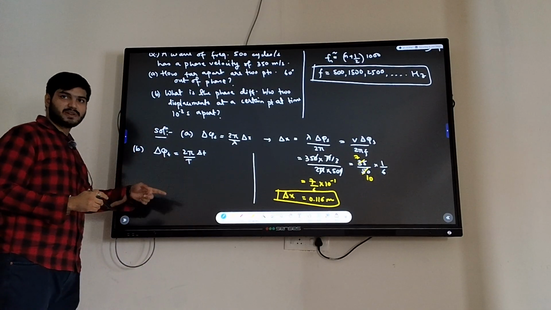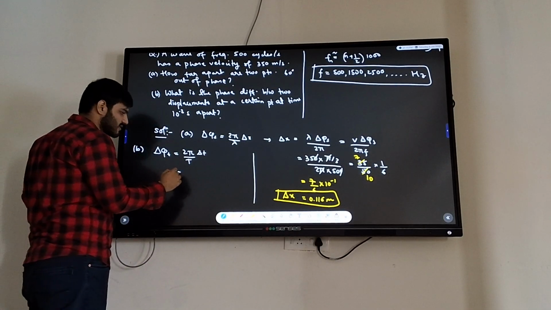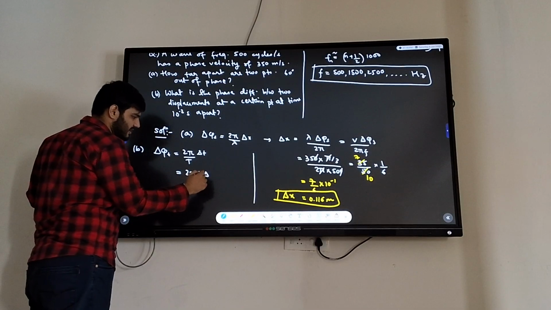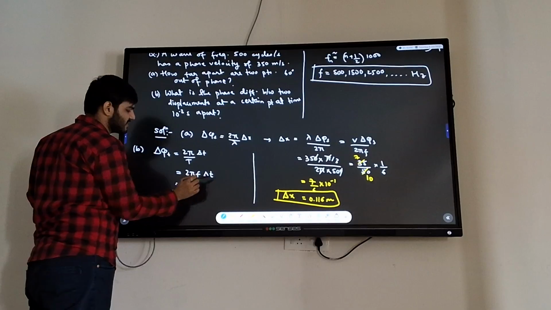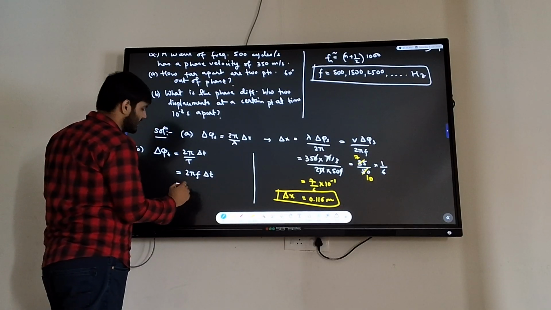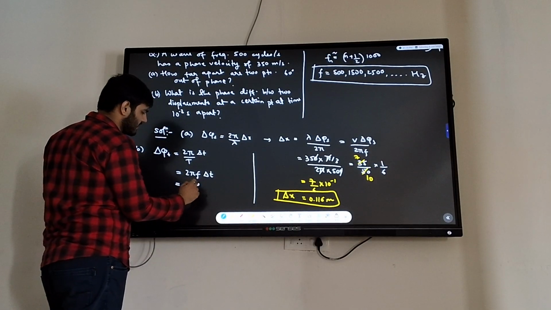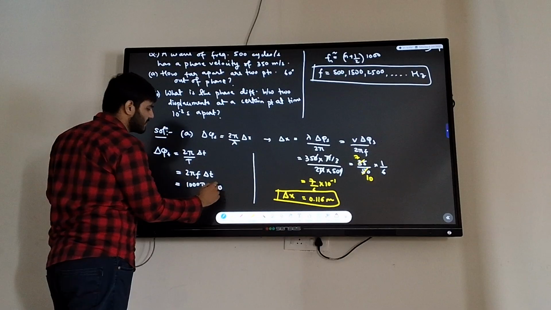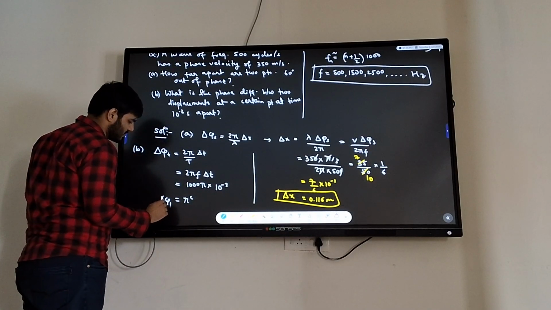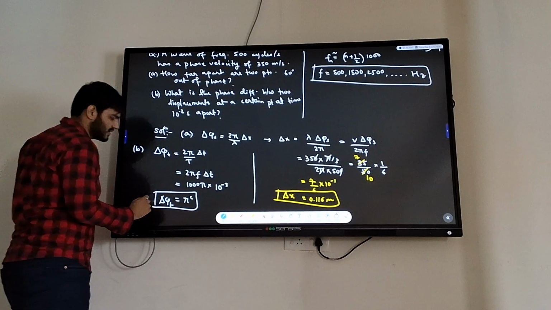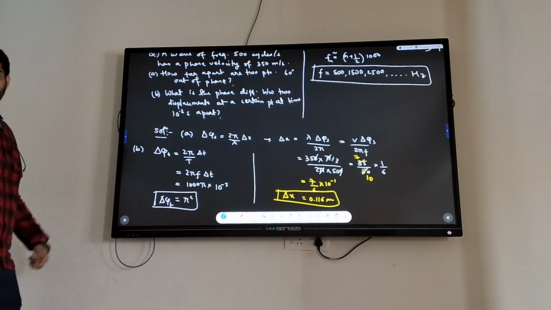Capital T is 1 by frequency, so that will be 2 pi f into delta t. अब 2 pi पाई कितना है, अच्छा फ्रीक्वेंसी कितना है 500, तो ये हो जाएगा 1000 पाई और -3 दिया हुआ है, तो ये पाई हो जाएगा. Did you understand? Very good.